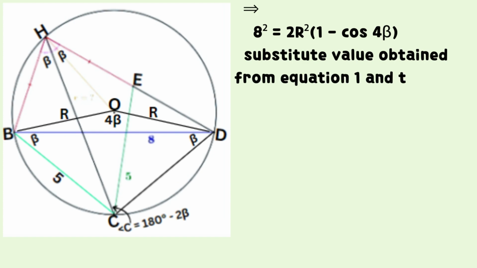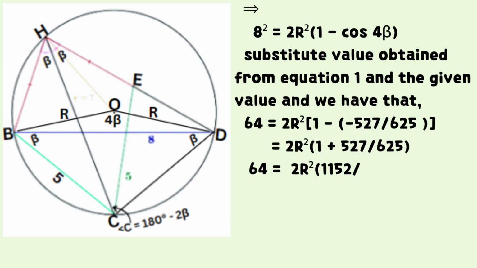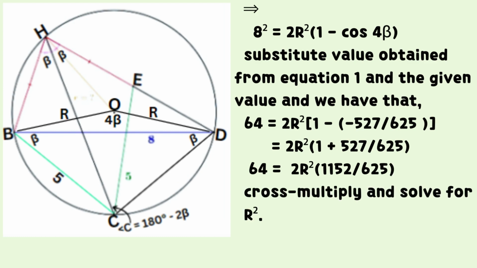The square of 8 equals the product of 2 and the square of r times 1 minus cosine 4 times beta. Substitute the value obtained from equation 1 and the given value, and we have that 64 equals the product of 2 and the square of r times 1152 divided by 625.